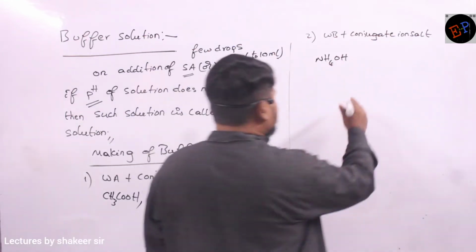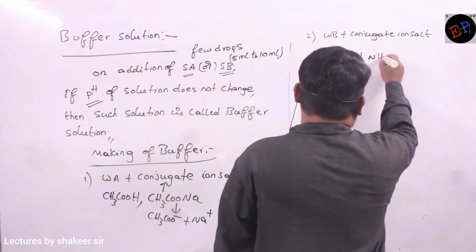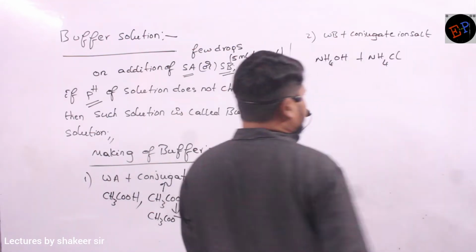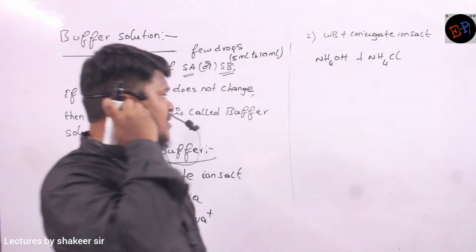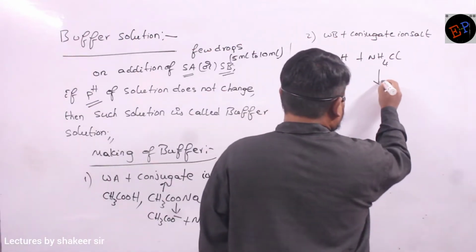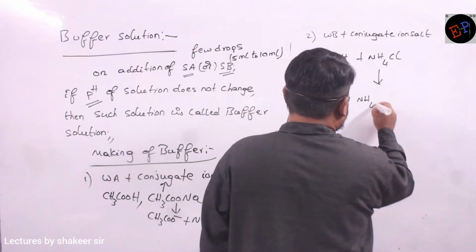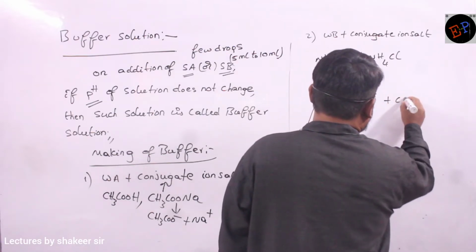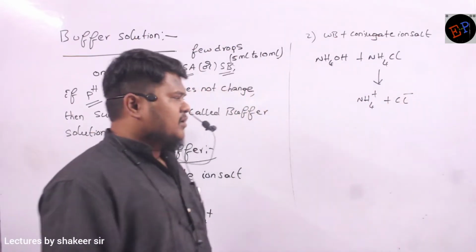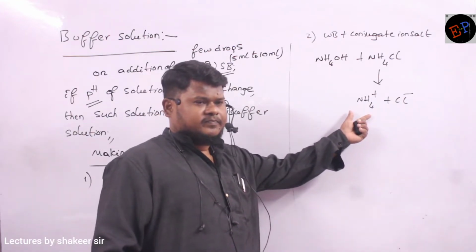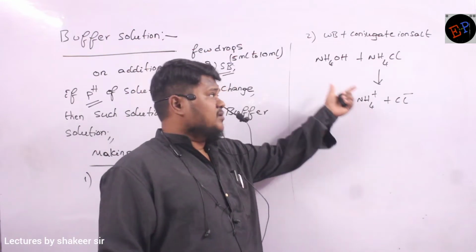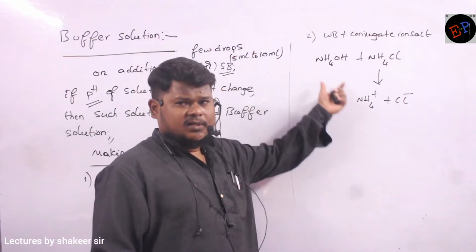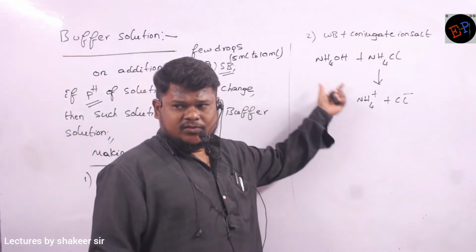Now what can be its conjugate ion salt? So can I write NH4Cl? NH4Cl is a salt only, because NH4Cl is made up of NH4 plus and Cl minus. What is NH4 plus? It is the conjugate ion of this base. Because what is the difference between these two?